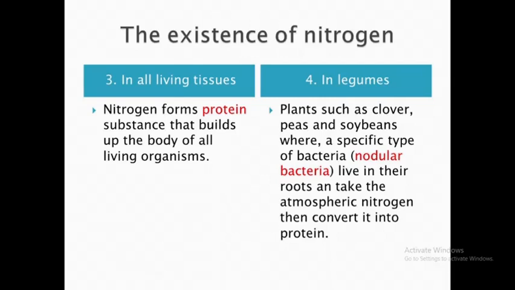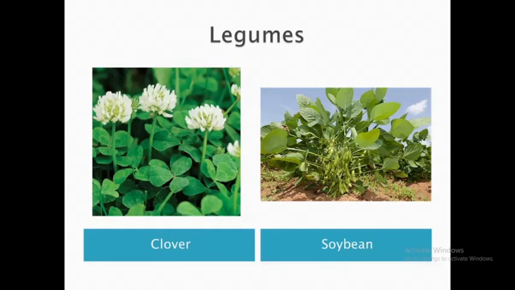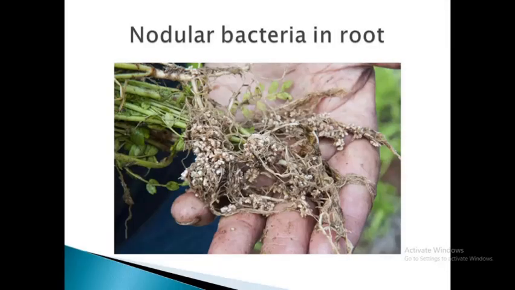But how can these plants get nitrogen from air, when we just said that nitrogen doesn't dissolve in water? So they take the nitrogen with the help of another living organism called nodule bacteria. Nodule bacteria live in their roots, as we saw, these white balls found in the roots of legumes contain nodule bacteria.